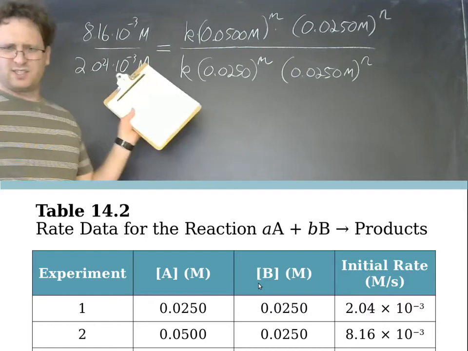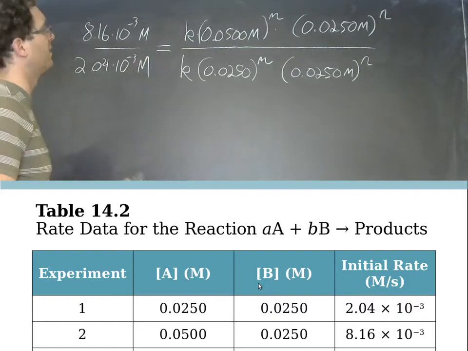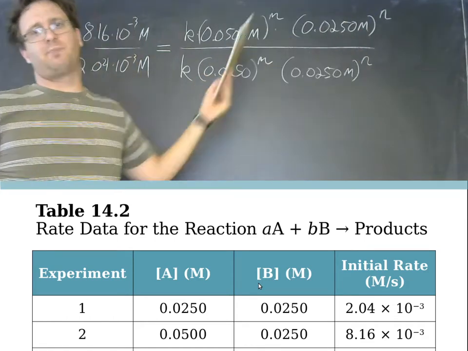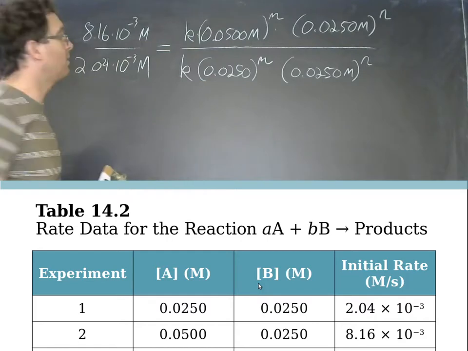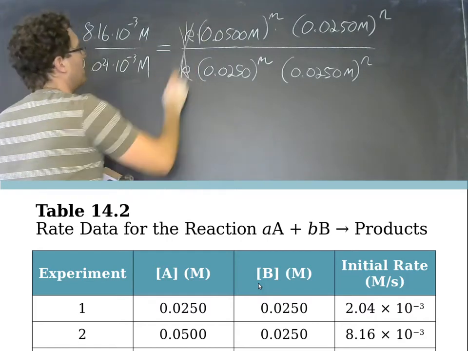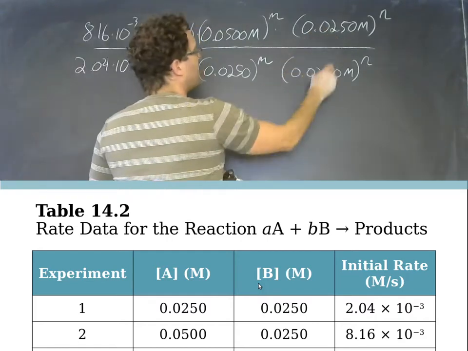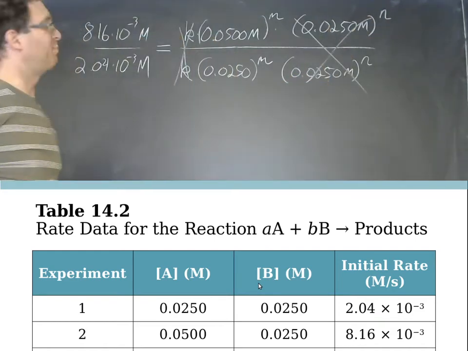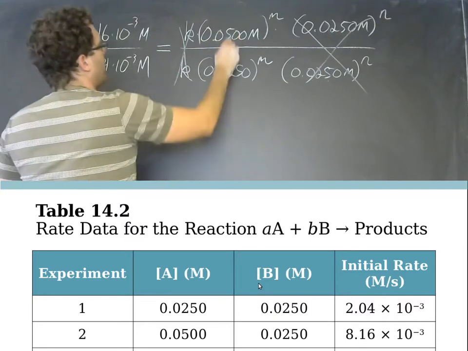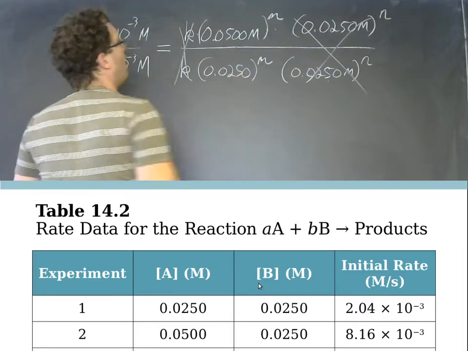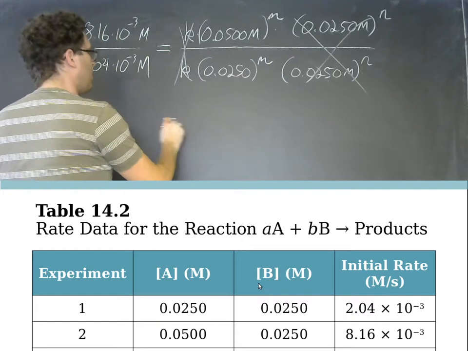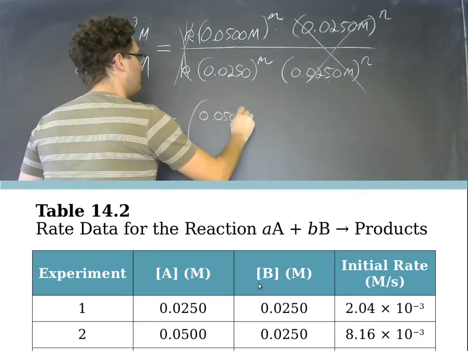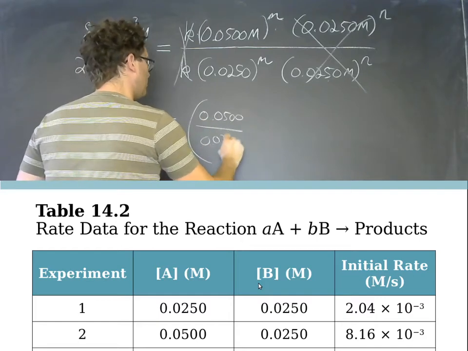And this looks incredibly intimidating, especially since you've got unknown variables in the exponents here. But if we look closely, we see that we can do a lot of cancellations. K cancels, and because these quantities are the same, everything about reactant B cancels. Now these are raised to that same power of m. And so what I can do is put 0.0500 over 0.0250.